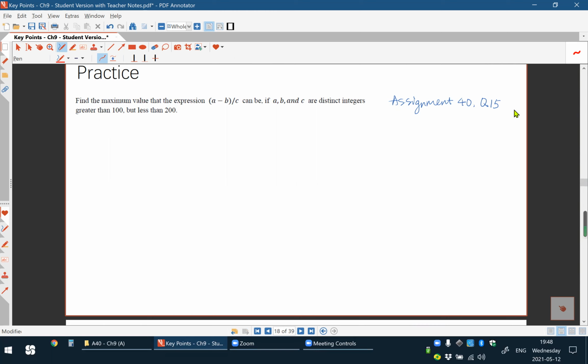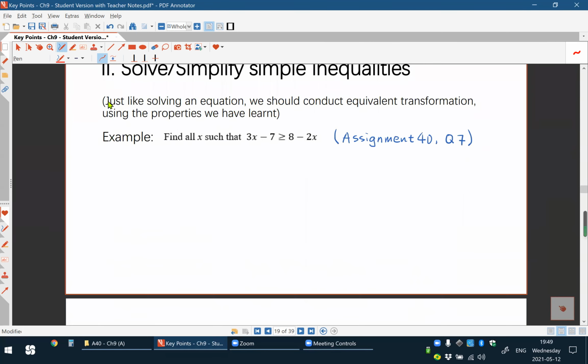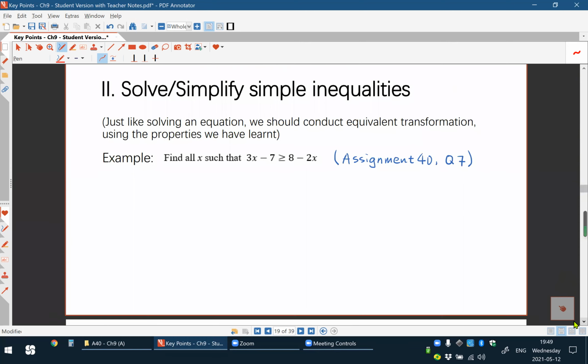Under the title, assignment, there is a title saying assignment 41, resubmit of assignment 40 something, okay? Under this title. Understand?